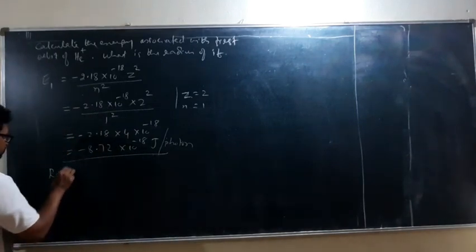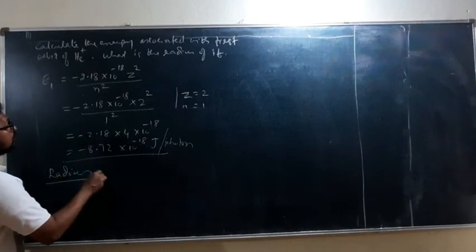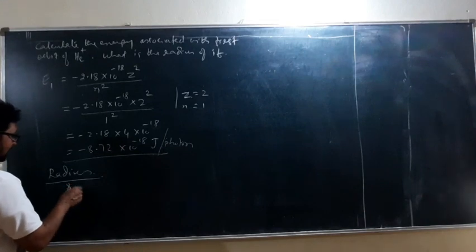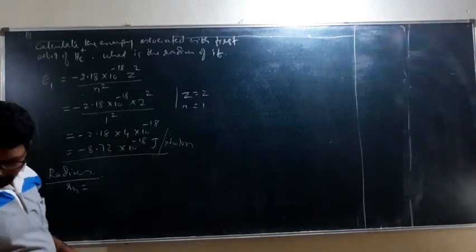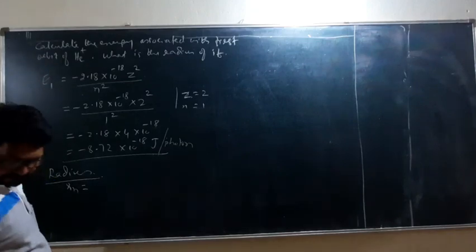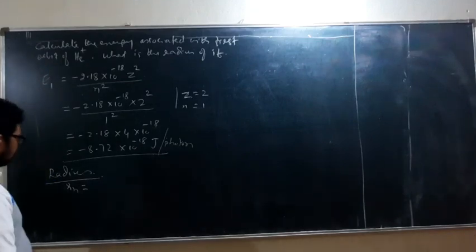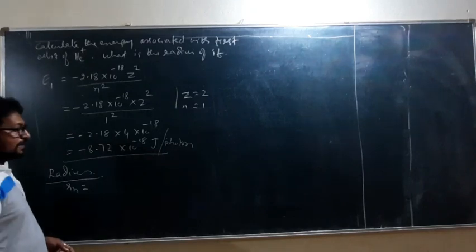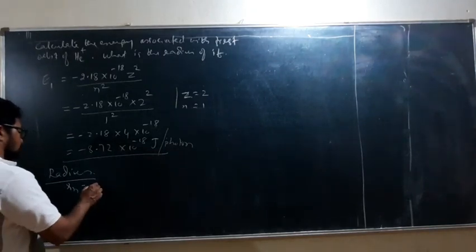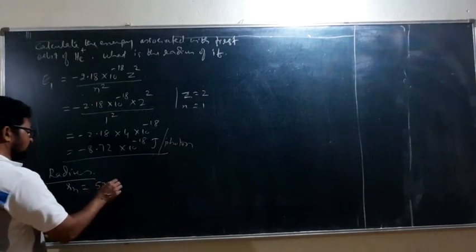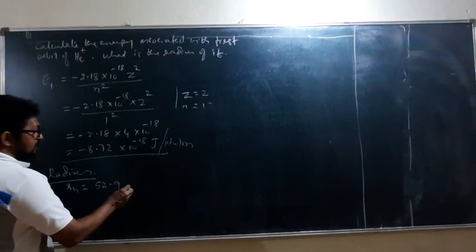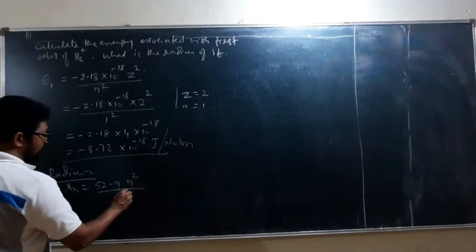Radius. What is the formula for radius? Rn is equal to 52.9 n square by Z, if you have not forgotten.